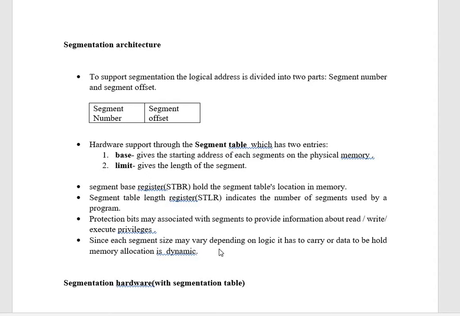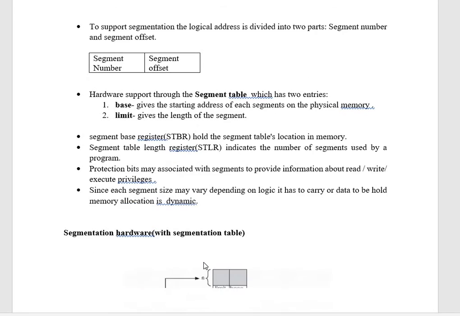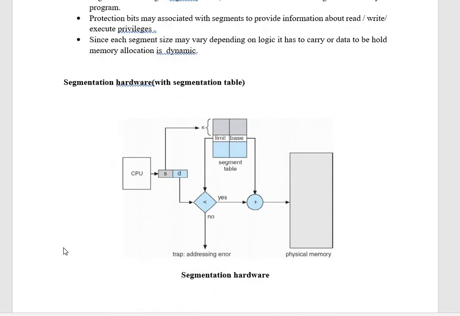The first subroutine may constitute several lines, whereas the second submodule may have fewer lines. So depending on the data and logic it carries, the size of the segments varies. That's why we need dynamic memory allocation.